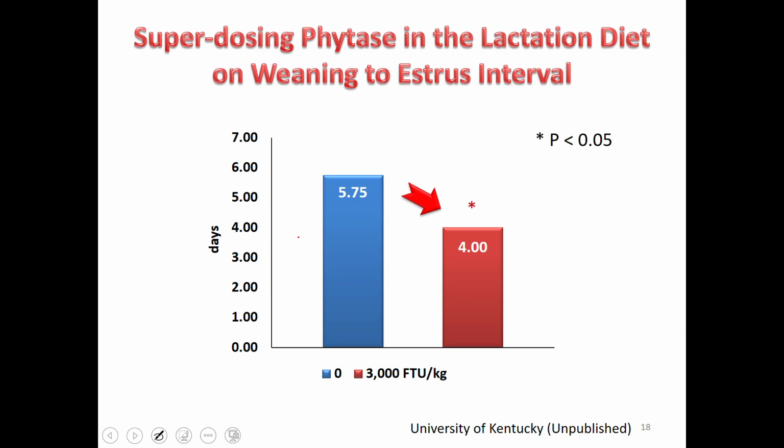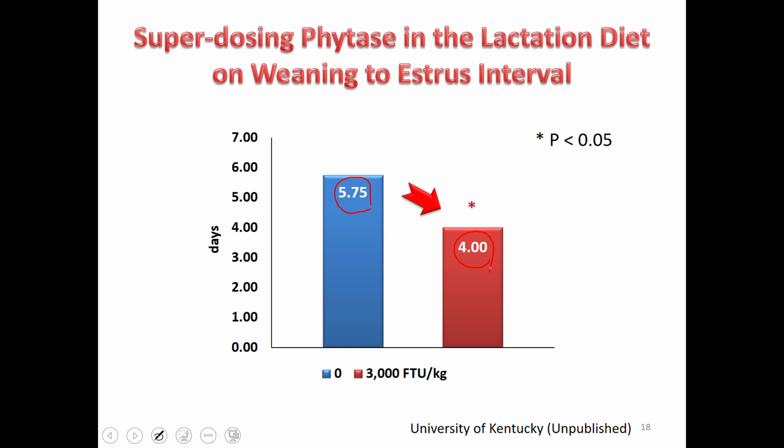However, superdosing phytase supplementation in lactation diet reduced weaning to estrus interval from 5.7 days to 4.0 days, which means there is some positive effect of superdosing phytase supplementation in lactation diet.